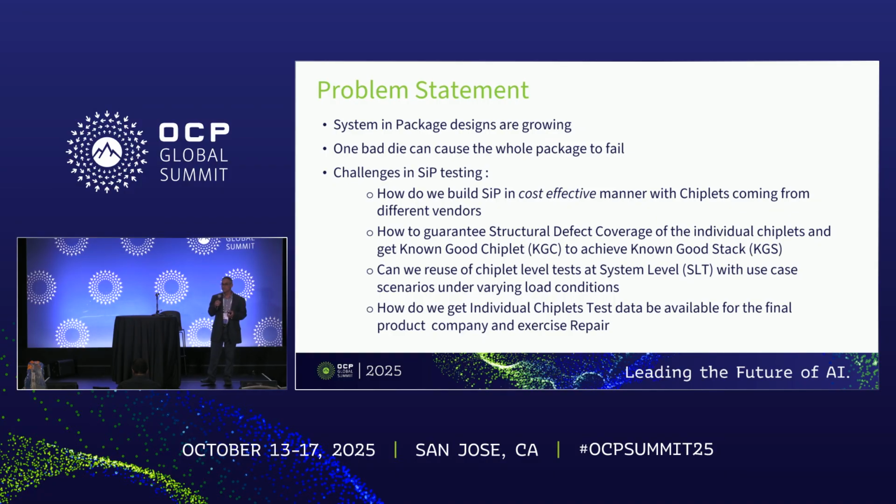However, when you build the system in a package, any one bad chiplet or die will cause the whole package to fail. So we have a lot of challenges to solve. First of all, how do we build a cost-effective system in a package? Especially going forward, we have a future of an open chiplet economy, which is also promoted by OCP, that is going to be the reality.